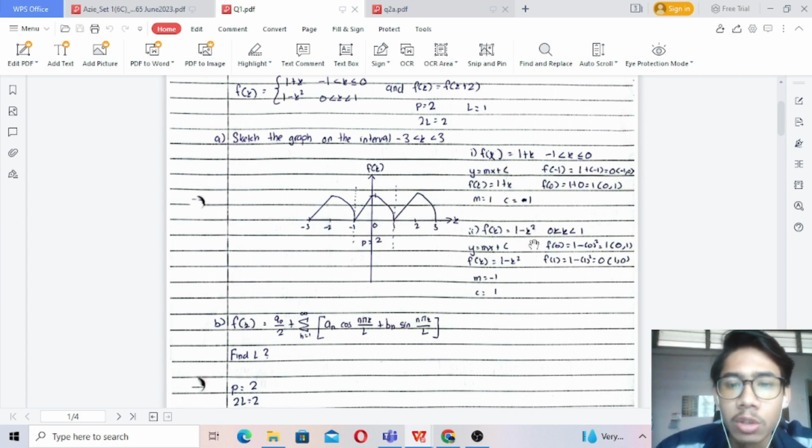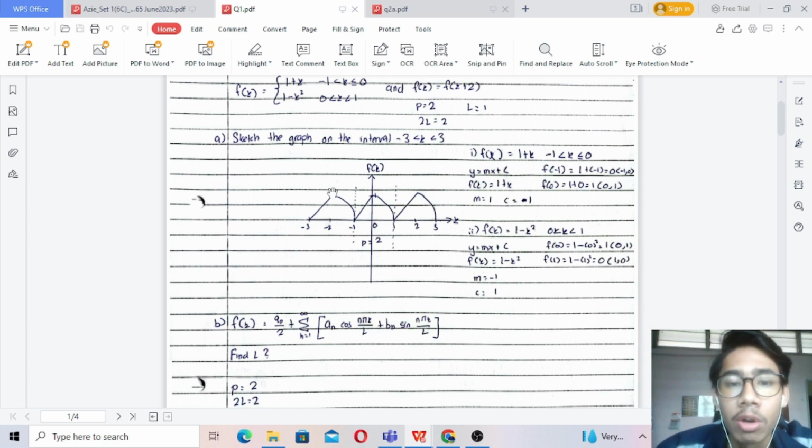For the second equation, f(x) = 1 - x squared. We find the gradient and the y-intercept, which are m = negative 1 and c = 1. Then we substitute x into the function, and we get the first coordinate as 0 and 1, and the second as 1 and 0.